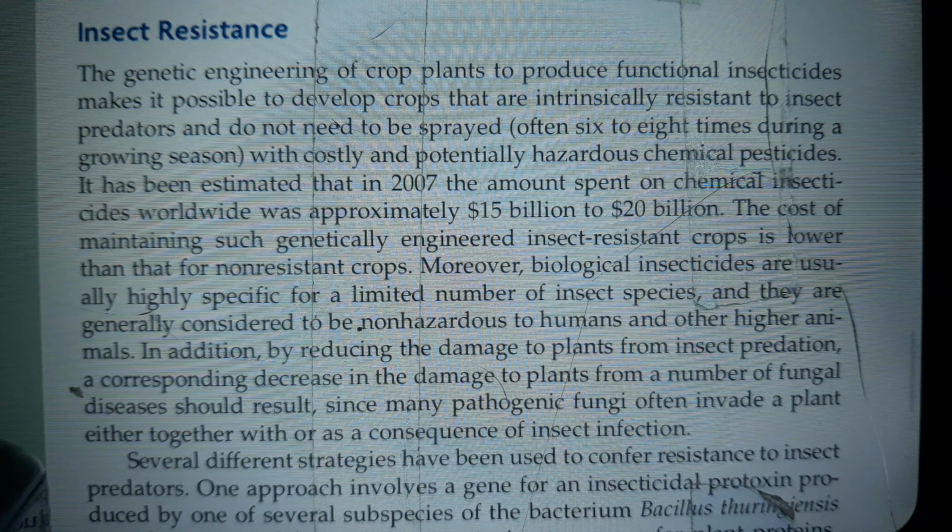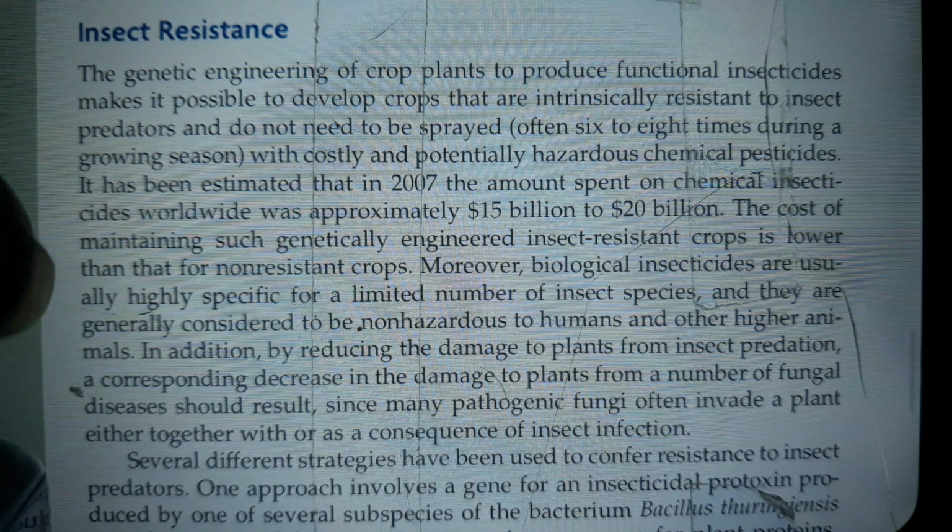It has been estimated that in 2007, the amount spent on chemical insecticides worldwide was approximately $15 billion to $20 billion. The cost of maintaining such genetically engineered insect-resistant crops is lower than that for non-resistant crops.